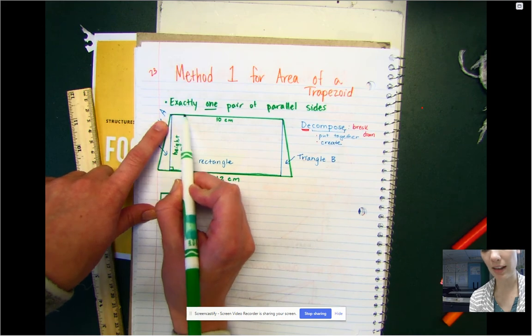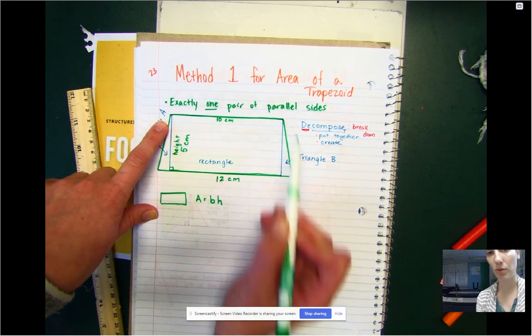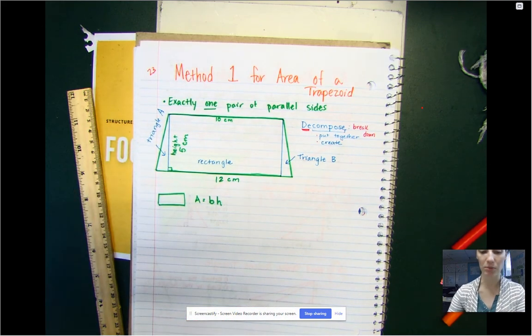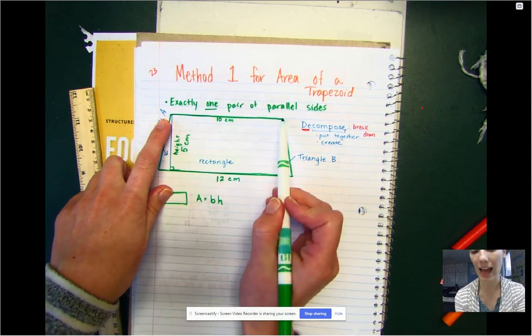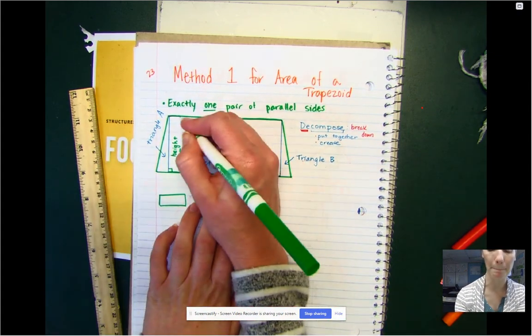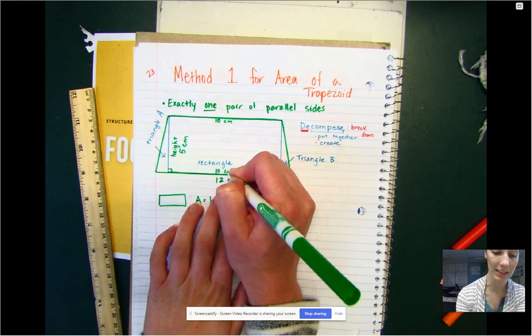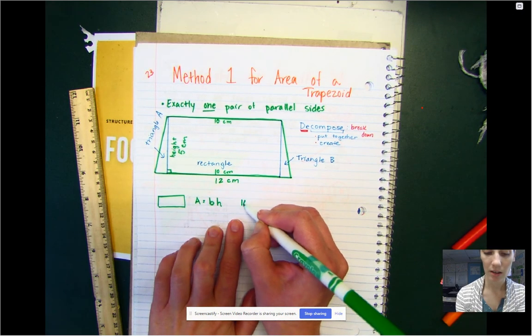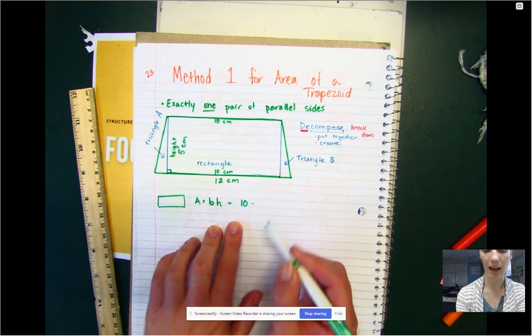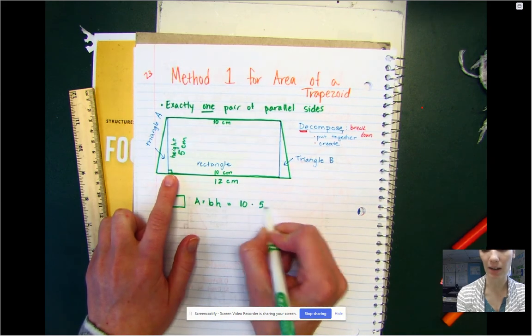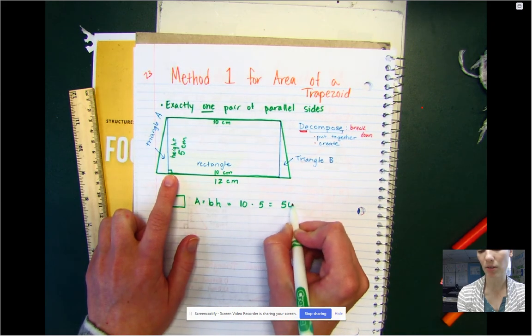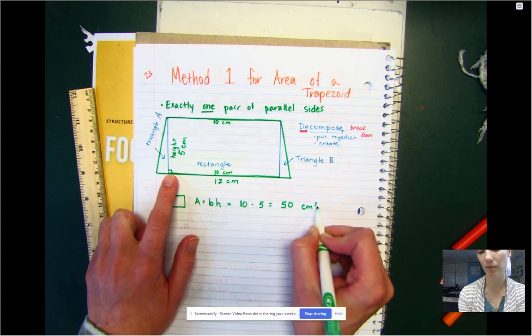Another way to think about it is it's this top length, right? Because a rectangle has equal side lengths across from each other. So the top right here tells me that the base of my rectangle is 10 centimeters times the height of my rectangle is 5 centimeters. 10 times 5 equals 50 centimeters squared.